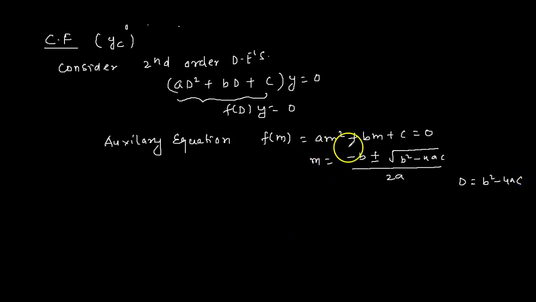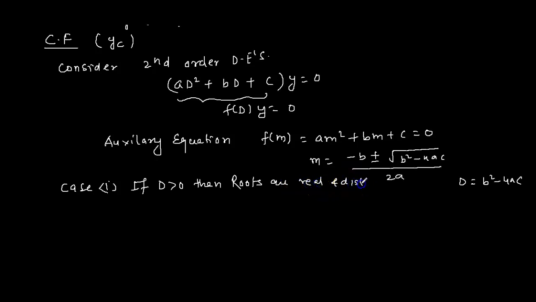So here, if any quadratic equation is given, there can be three types of roots. Case 1, if D is greater than 0, then roots are real and distinct. Let's consider m1 and m2, you got the roots.